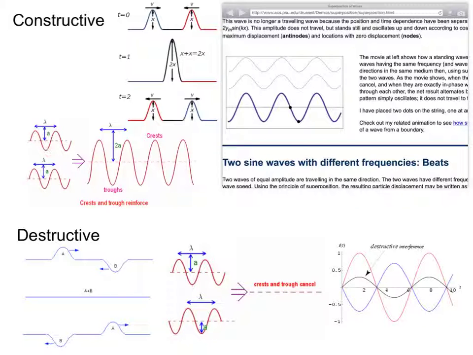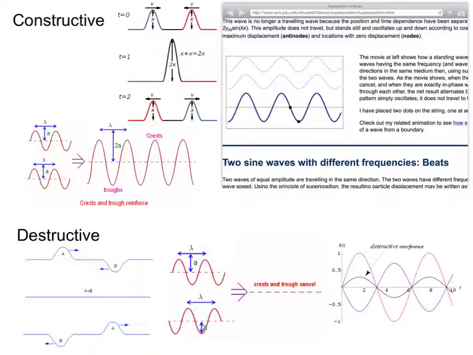So here's two waves. They have the exact same amplitude, same wavelength. This works much, much better if you have the same wavelength. Now, I should point out, if you don't have the same wavelength, these waves can still interfere, albeit not very often. Also, if the phase shift is different, you can have constructive and destructive interference occurring whenever you don't have perfectly in phase or perfectly out of phase.